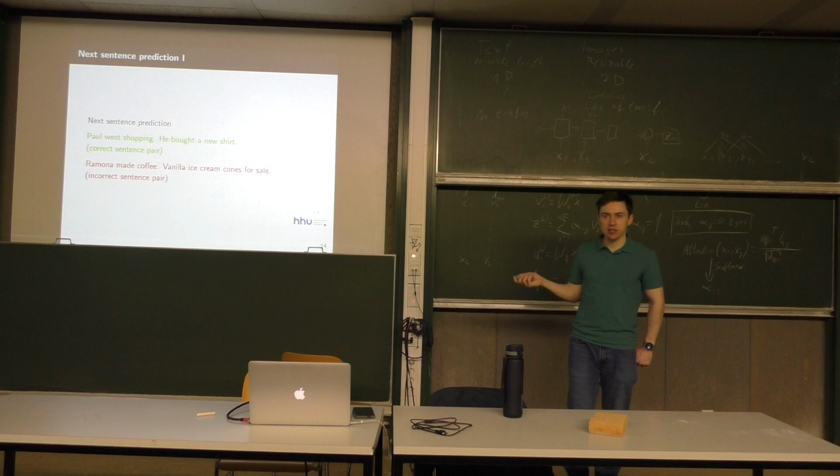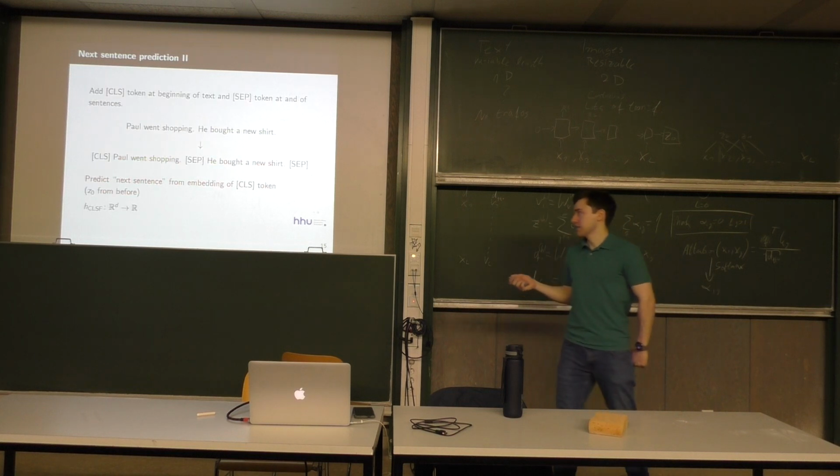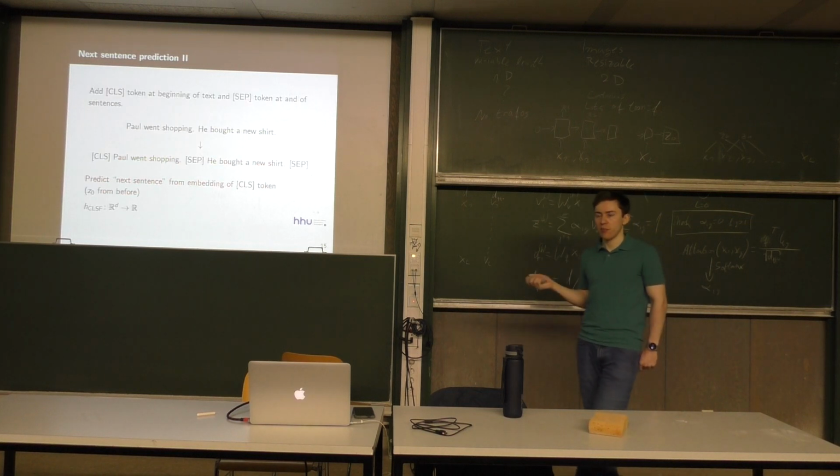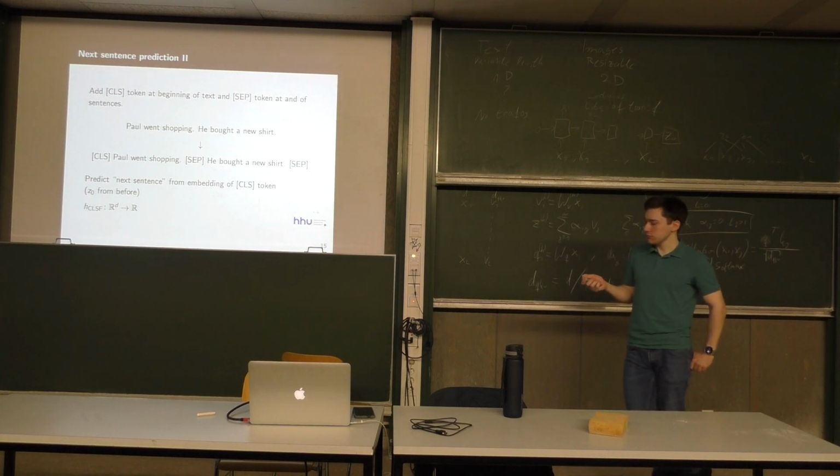So how do we do this in practice? We add more special tokens. We had the mask token before, now we have the class token, CLS, and the separator token, SEP. The class token is added at the beginning, and the separator token is added at the end of sentences. And then they also get some number.